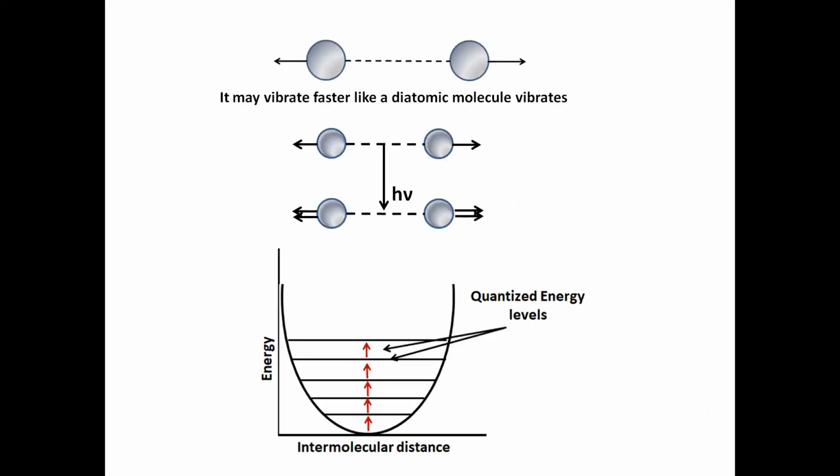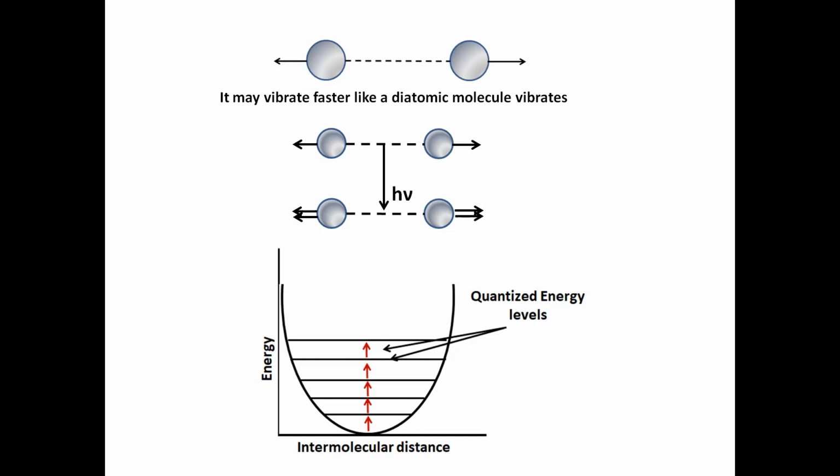Now you can see two atoms connected by a sigma bond. It may vibrate faster, like a diatomic molecule vibrates. When energy comes into the system, or exits from the system, the material or this dipole will switch over from a high energy state to a lower energy state, or from a lower to a higher energy state.